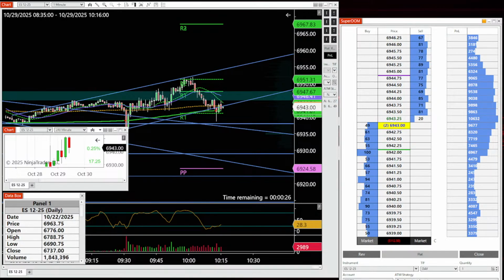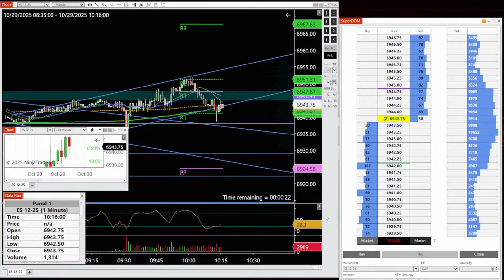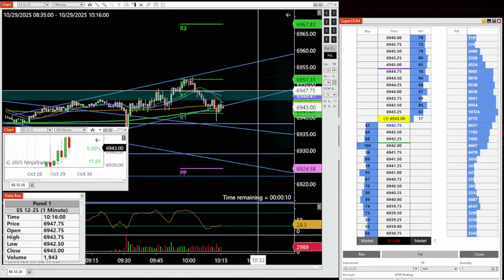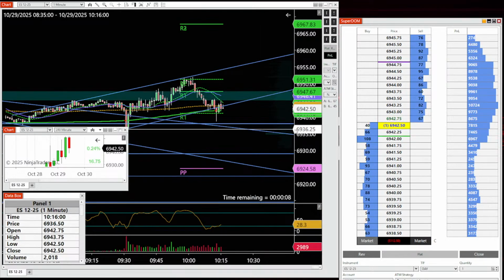Another 15-minute bar opened up. Will it retrace back up? That's the question. Don't like this area between 42 and 43. I mean 43 and 50, 42 and 50.